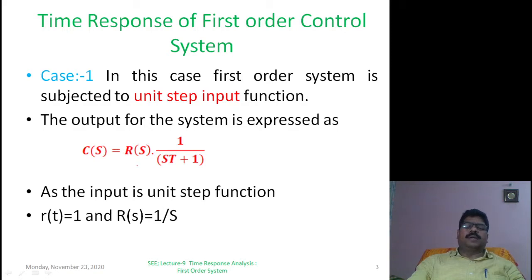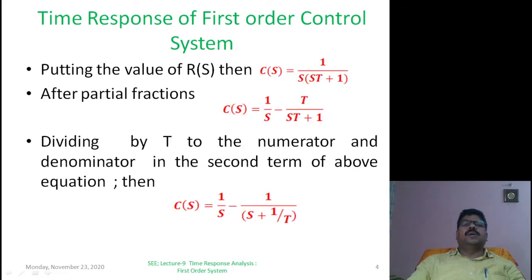So in place of R(s), we will put 1 by s. After putting it in the transfer function, C(s) will become 1 upon s into (sT plus 1). On partial fraction, this C(s) can be represented as 1 upon s minus T upon (sT plus 1).